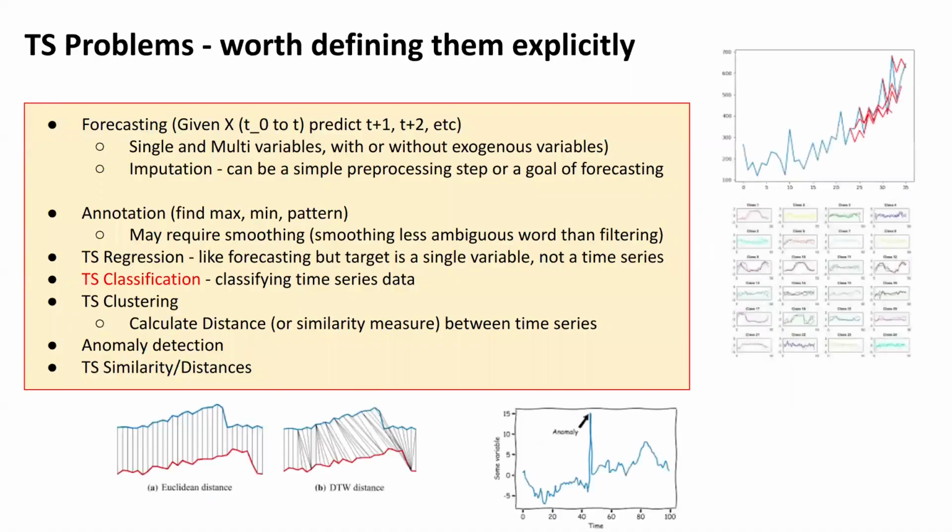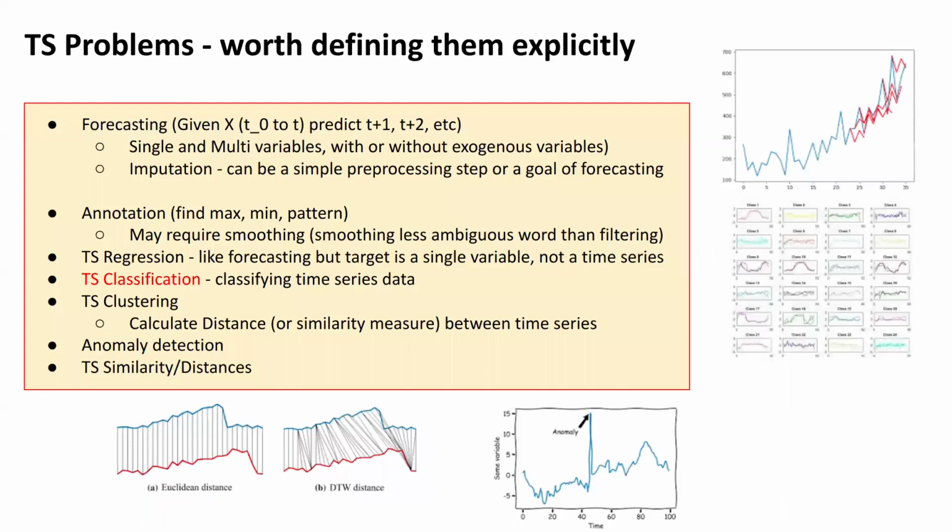So what tasks are solved with time series? Most famous and most used is forecasting. So given several values, try to predict what would be the value at the next step, second step, and so on. And you can predict a few steps in advance, so you can predict once and move your time series and start using your own prediction.